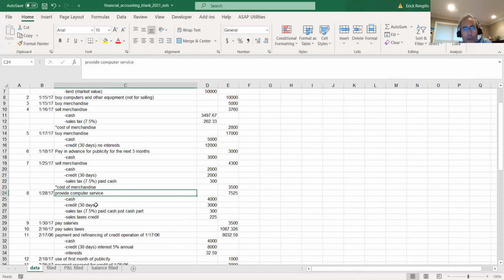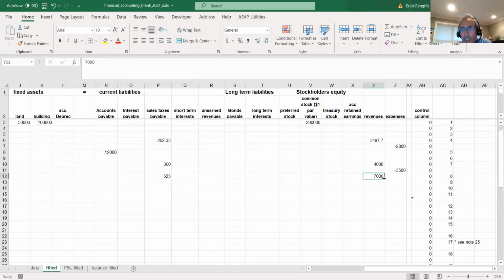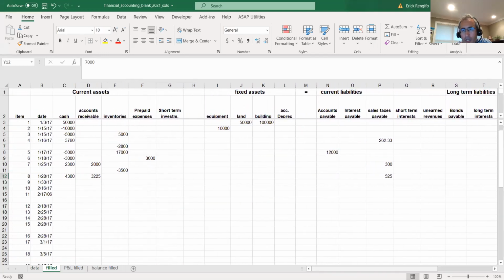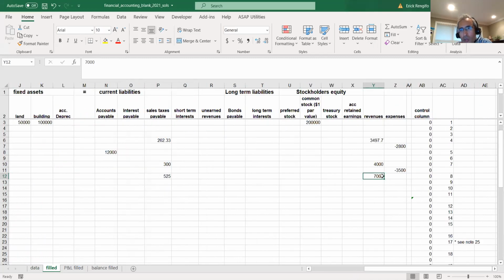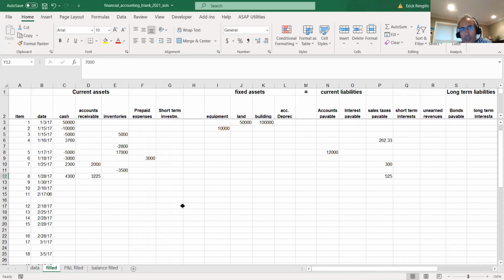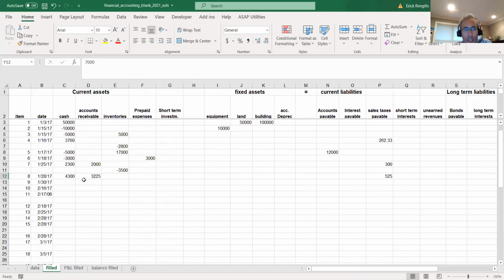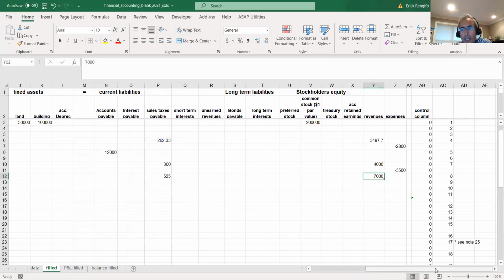I just did it as an example. Do you agree? Now, what is interesting, guys, is this: take a look. Revenues are not necessarily equal to cash. I have only $4,000 here. However, I need to already report my 7,000 in revenues. You see that? So revenues are not equal to cash, guys. Please pay attention there. Do you have any questions? So we are at 0, so we are okay.